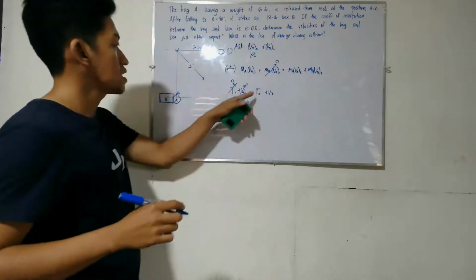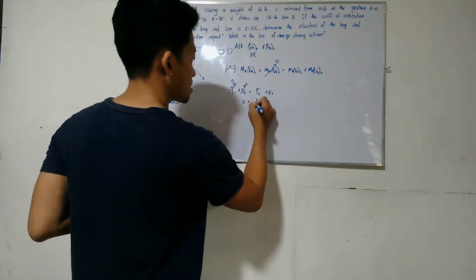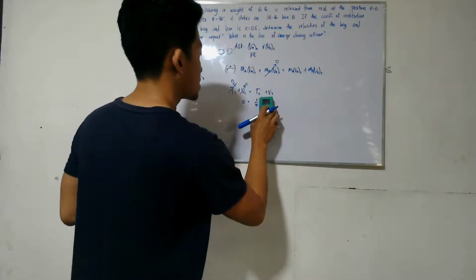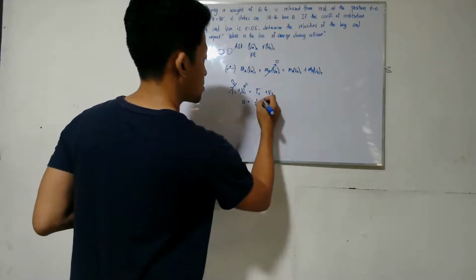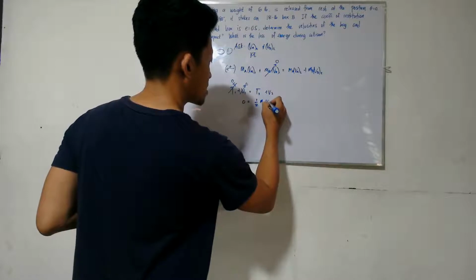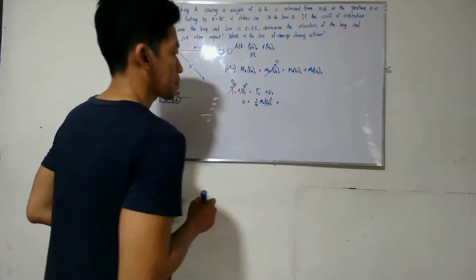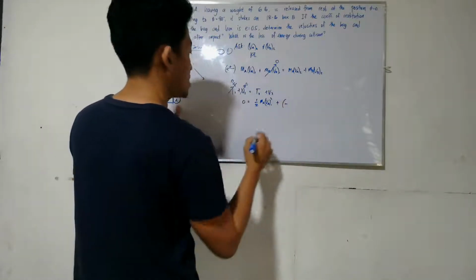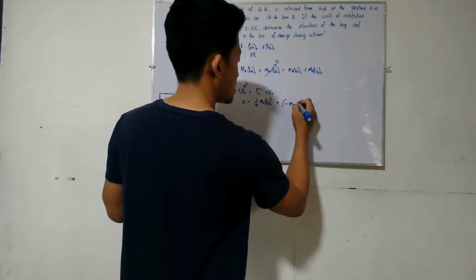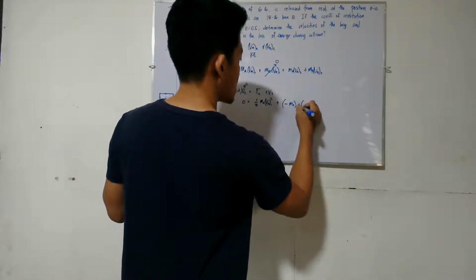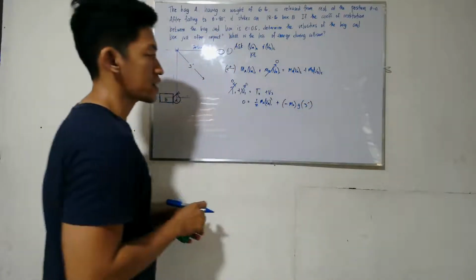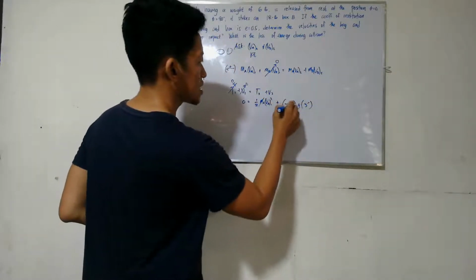Therefore, this is just 1/2 m velocity A1 squared plus potential energy, negative m g h, where h is 3 feet. So the m cancels.